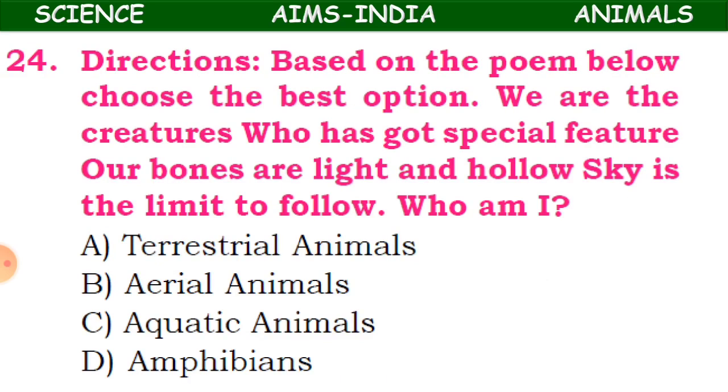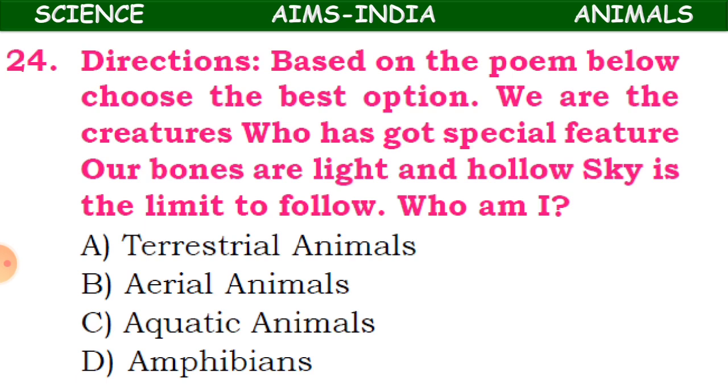And directions here. Based on the poem below, choose the best option. We are the creatures who have got a special feature. Our bones are light and hollow. Sky is the limit to follow. Who am I? So here the question is that we have to answer this riddle.